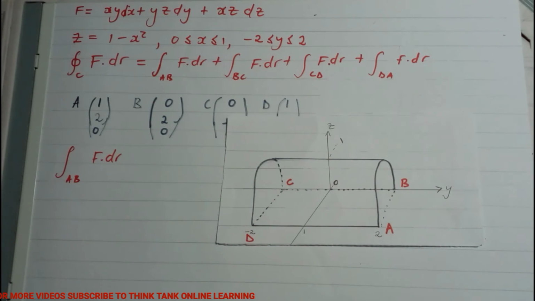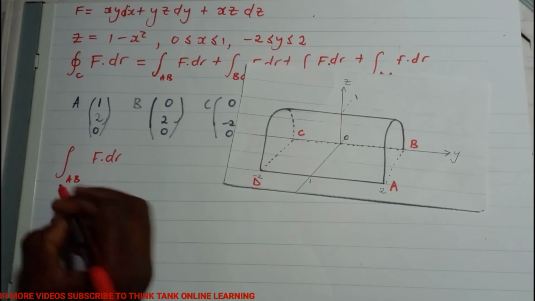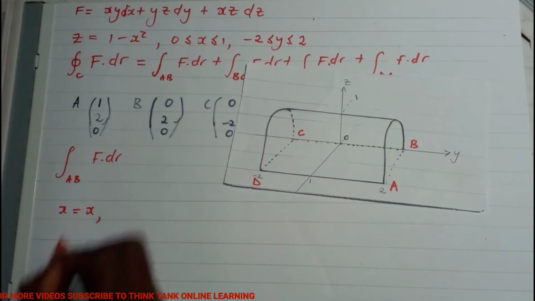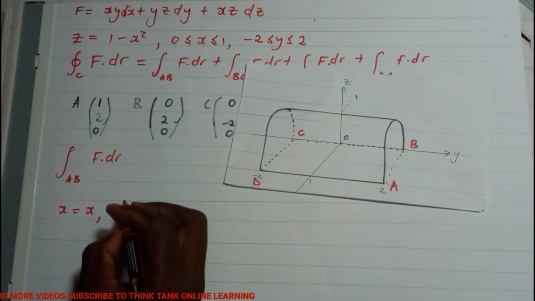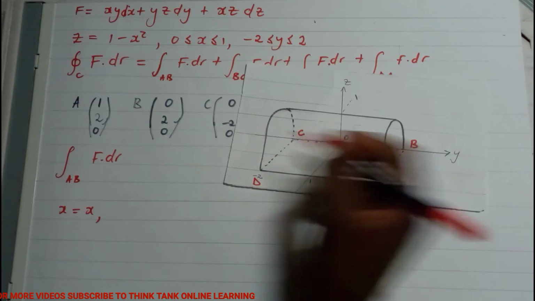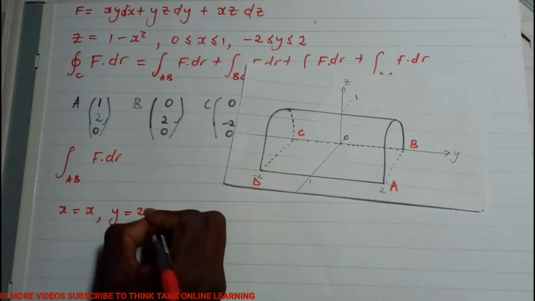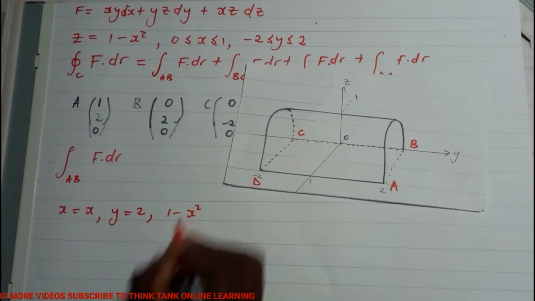So x is equal to x. Y is 2 from here to here; as you can see, y is not changing. And z is equal to 1 minus x squared.